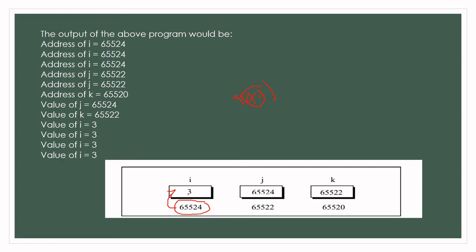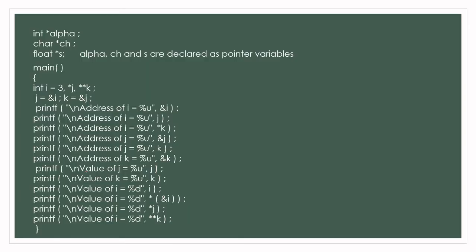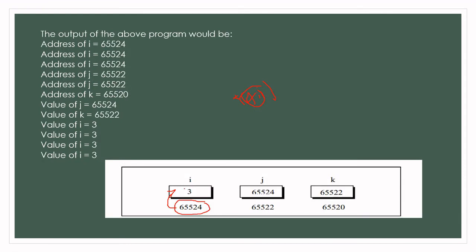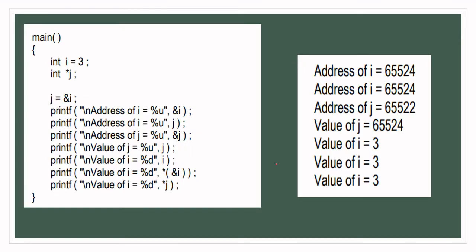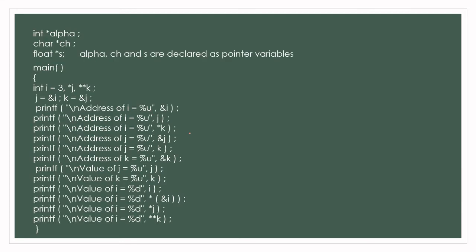So this is i, 3, and then star j, as I have explained, points to 3. And similarly in this case, whereas k can be represented as a pointer to pointer, as it contains the address of this address, which contains this. So that's the case over here.